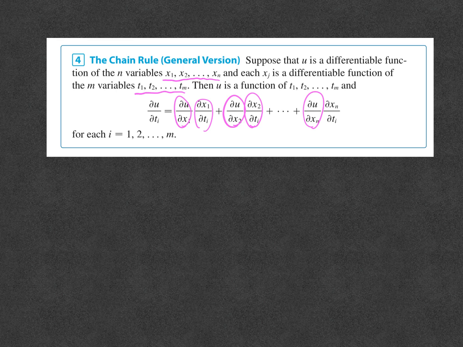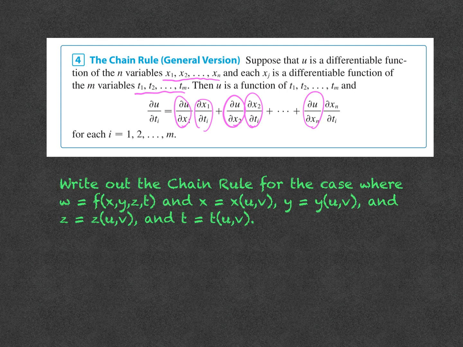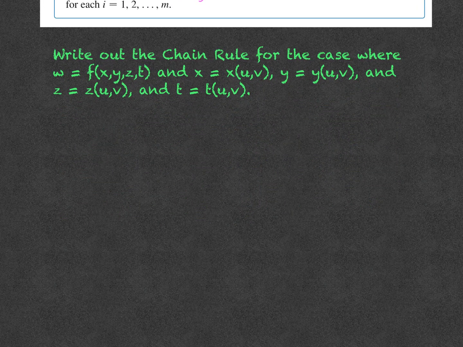So an example of how we see this, without even doing a whole lot of math, we're just going to do a tree diagram. This one says to write out the chain rule for the case where w equals a function in terms of x, y, z, and t, and x, y, z, and t are all in terms of u and v. So let's start with the w up here. If you build your tree diagram, it will help you do this easily.